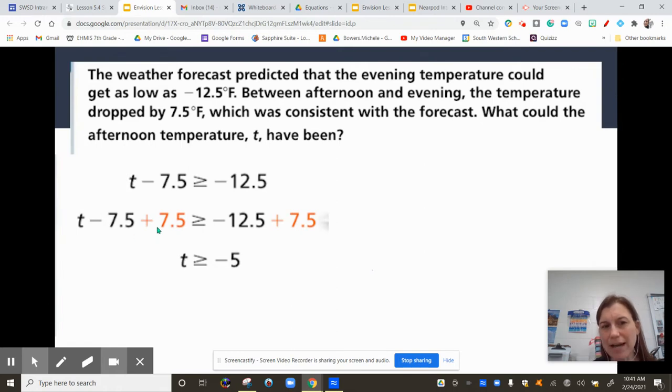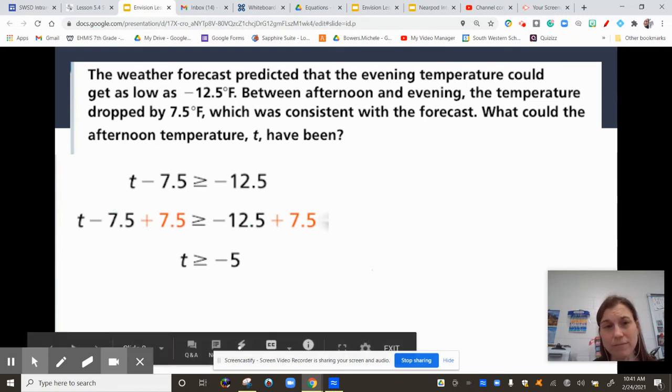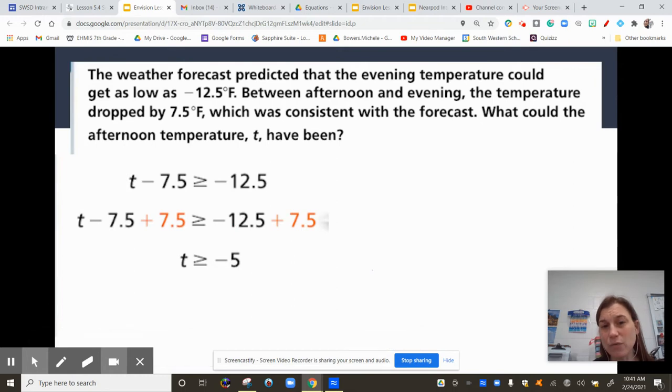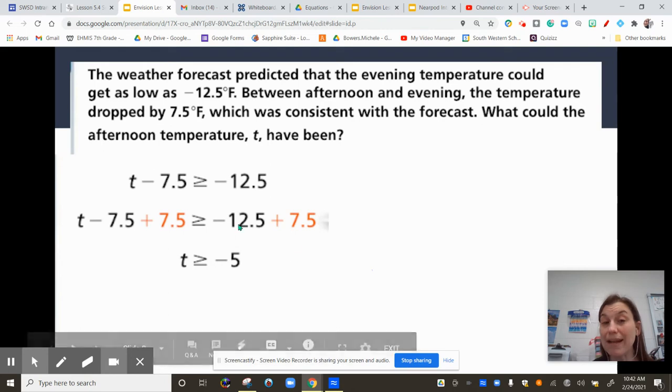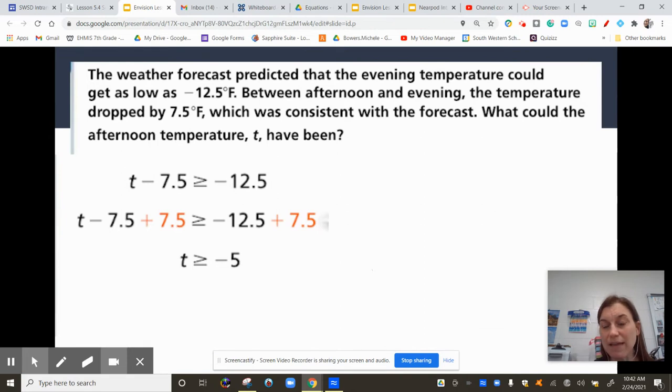But that's what they're doing. They're adding 7.5 to both sides, just like we would do. When they simplify the left, T is left over. And on the right, negative 12.5 plus 7.5 is negative 5. So that is the solution. T, the original temperature, was something that was greater than or equal to negative 5.